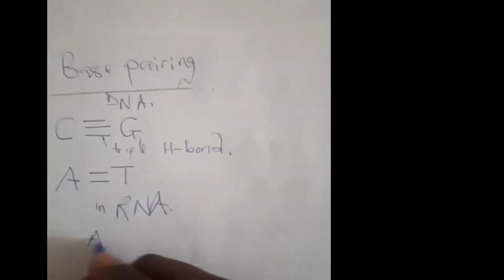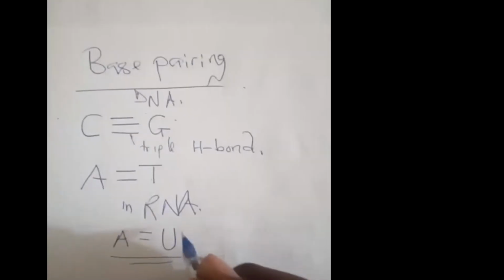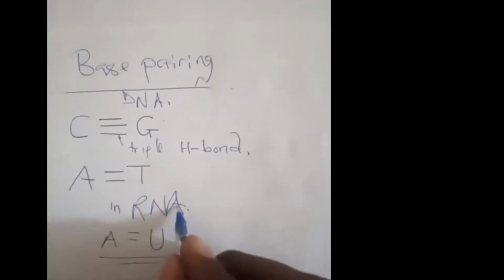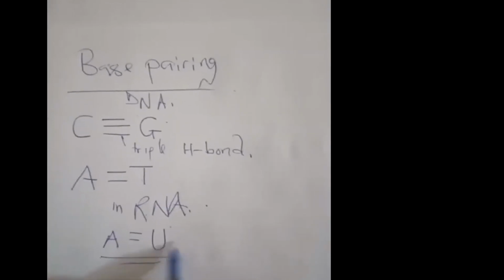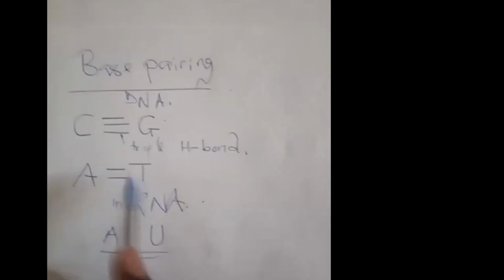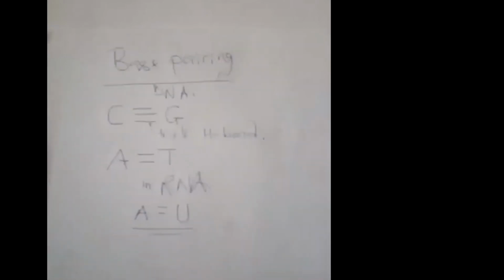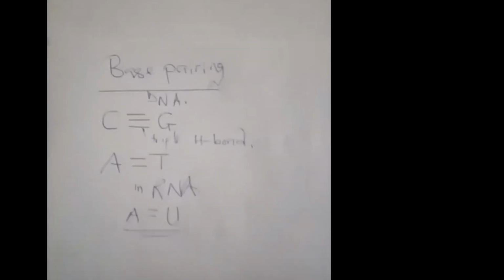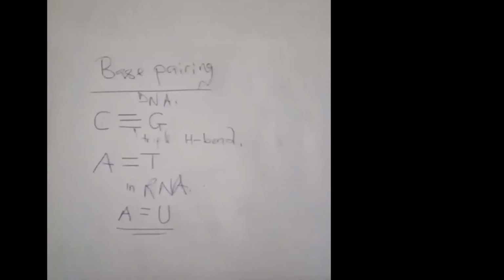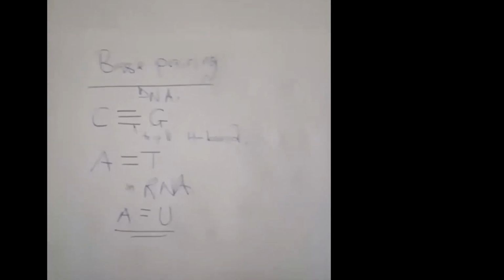So in RNA, adenine bonds with uracil, while in DNA, adenine bonds with thymine. It is important. That is a serious MCQ question. On the MCQ questions, they like asking that. You should know that in RNA, adenine pairs with uracil.